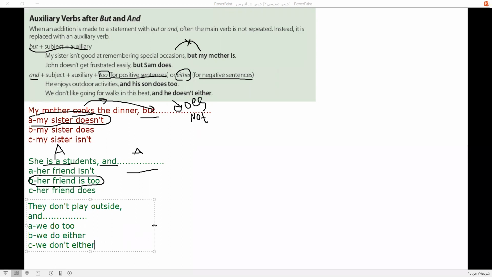They don't play outside, and we do too, we do either, or we don't either.